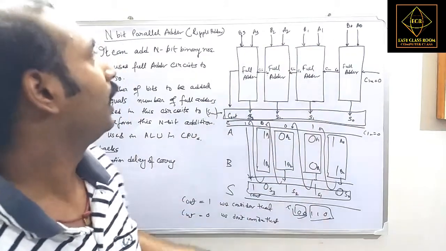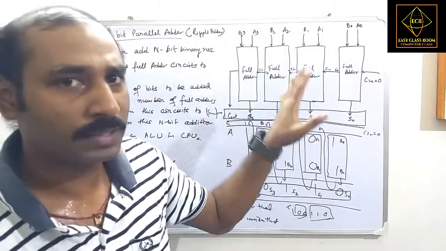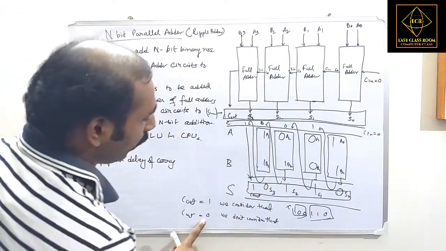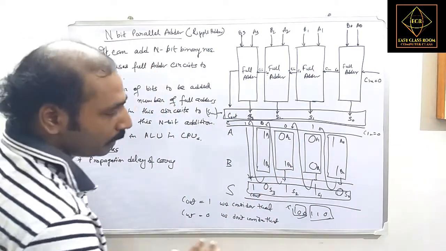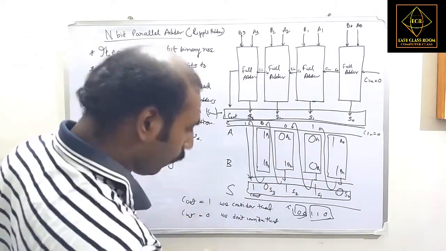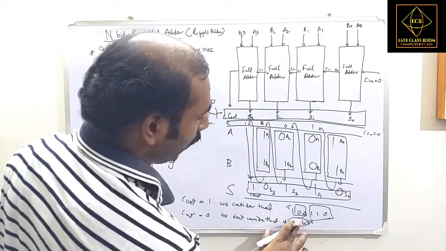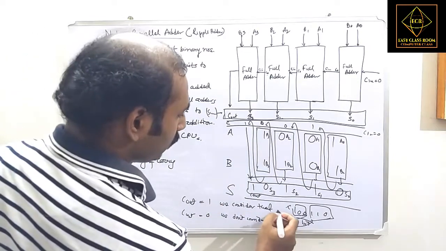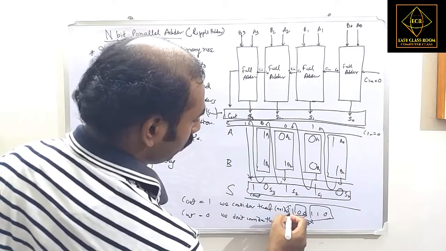So this is how we can add 4-bit numbers, and we can calculate on the basis of Cout what the actual sum will be. If it is 0, then the sum will be of n bits, and if it is 1, then it is n plus 1 bits.